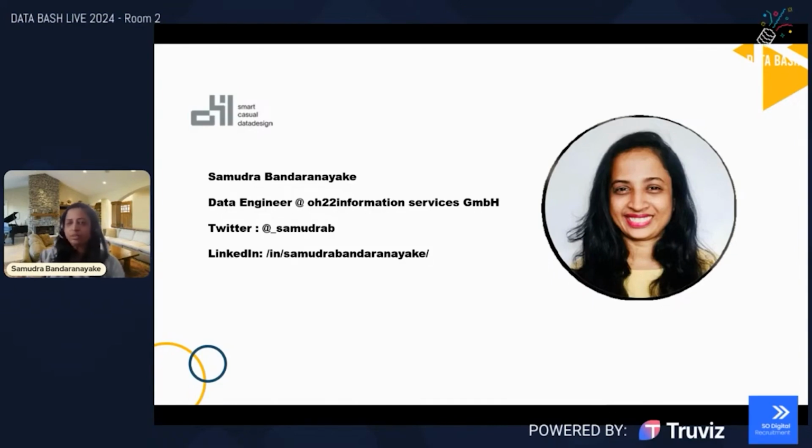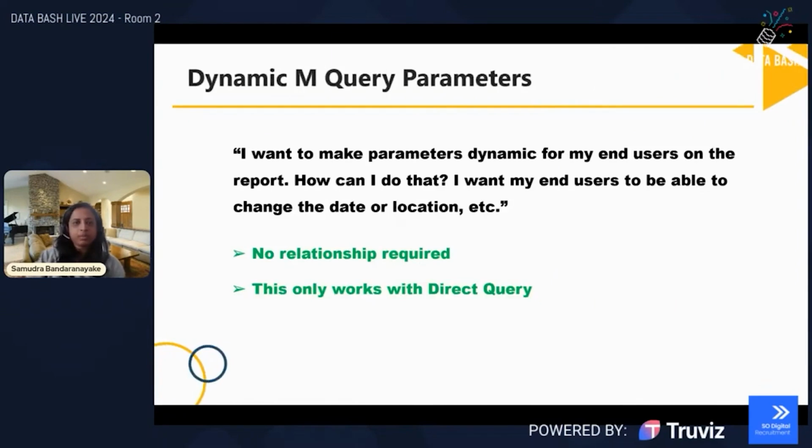Before starting with enabling multi-select functionality, I would like to describe what dynamic M-query parameters are. This feature allows users to change the value of query parameters within the report or data set, and then the report or data set updates automatically.